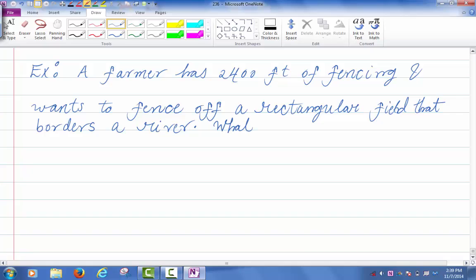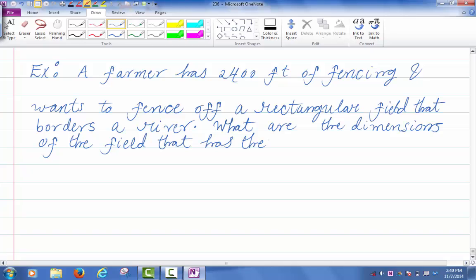What are the dimensions of the field that has the largest area? Okay, so that's the question.